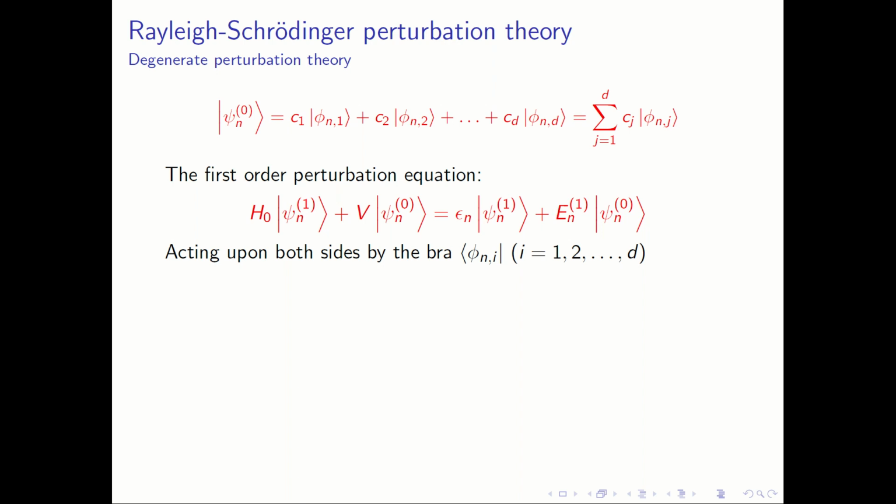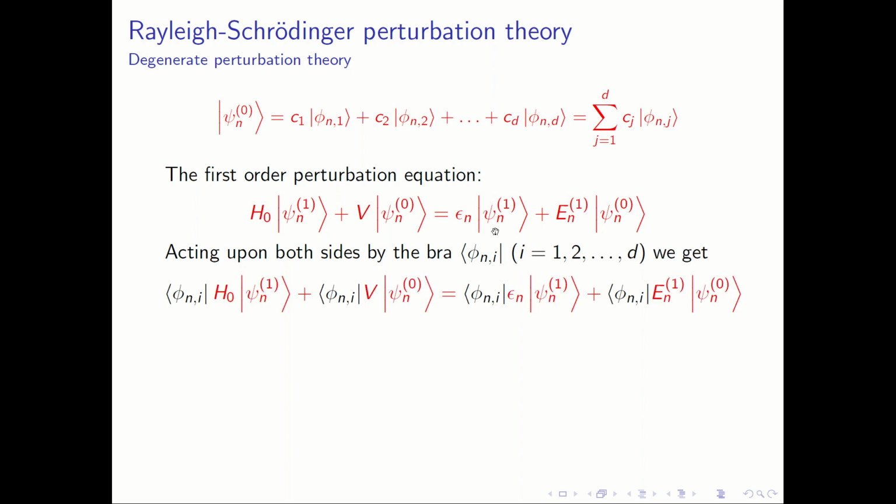So what does any one of these equations, the ith one, look like? It simply is this equation acted upon by phi n i, the bra, on each of the terms. Now notice that phi n i, the ket, was an eigenket of H0 corresponding to eigenvalue epsilon n.